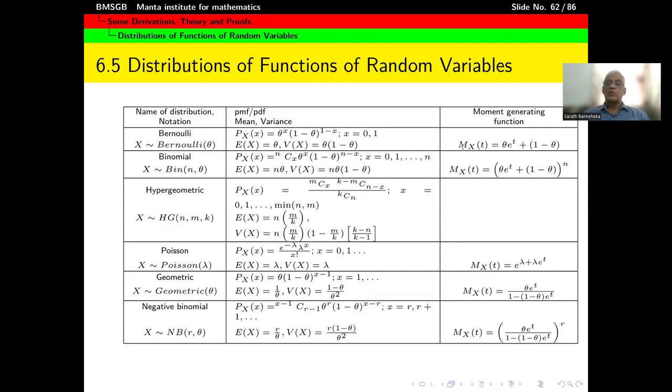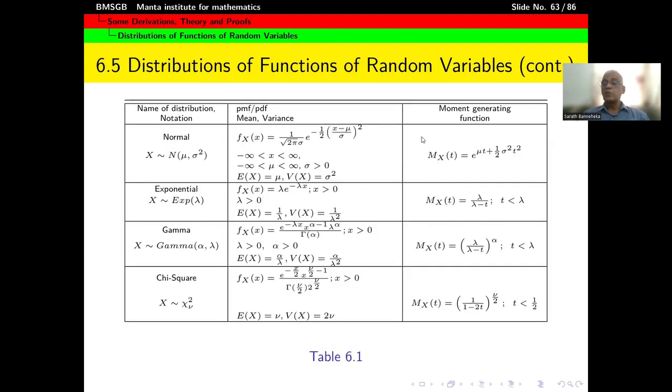So if the x's are Bernoulli theta, then y should have the distribution corresponding to this moment generating function, which is a binomial distribution. Yes, binomial.